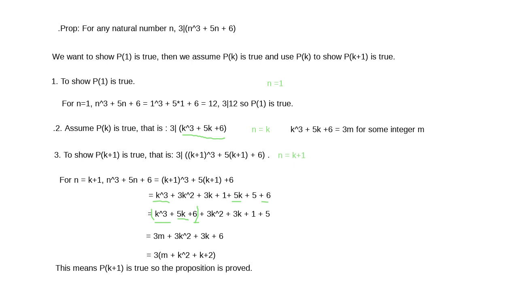Any questions? Steps 2 and 3 are the direct proof. You're right. 2 and 3 is exactly P implies Q, so step 2 implies step 3.